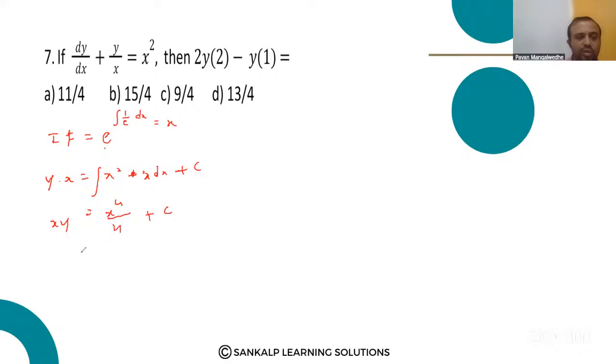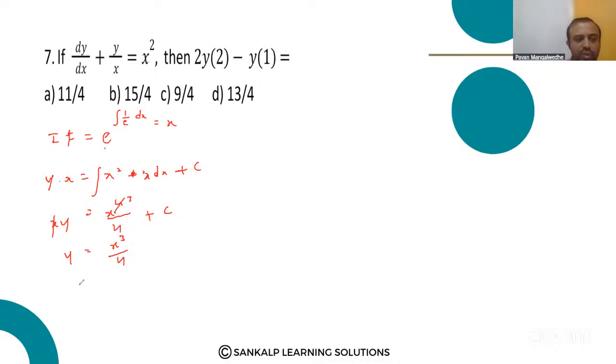So assuming you can take c as zero, because the constant will disappear in the simplest way, if you take c as zero, then y is equal to x to the 4 divided by 4x, that is x cube by 4.